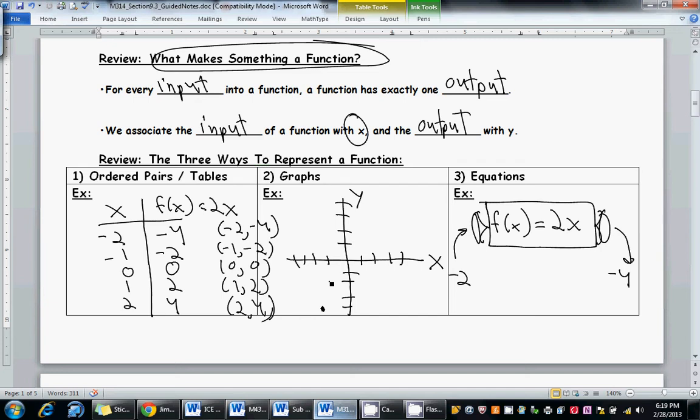Then (-1, -2), (0, 0), (1, 2), and (2, 4). Now, assuming my axes would have been well drawn, this should look like a straight line, okay? Y equals 2x. Okay? All right.